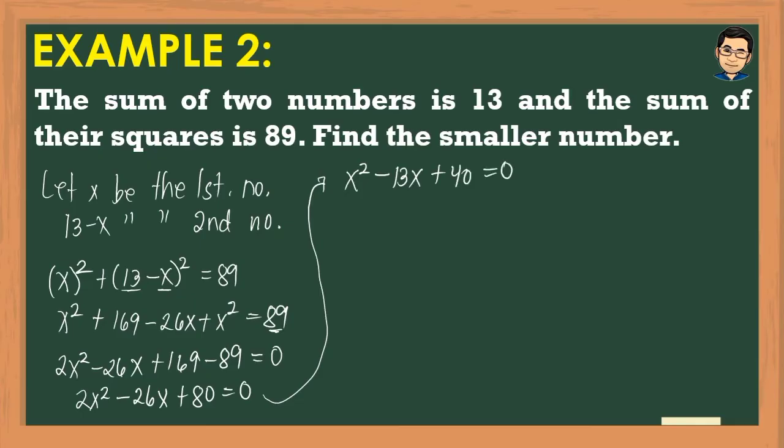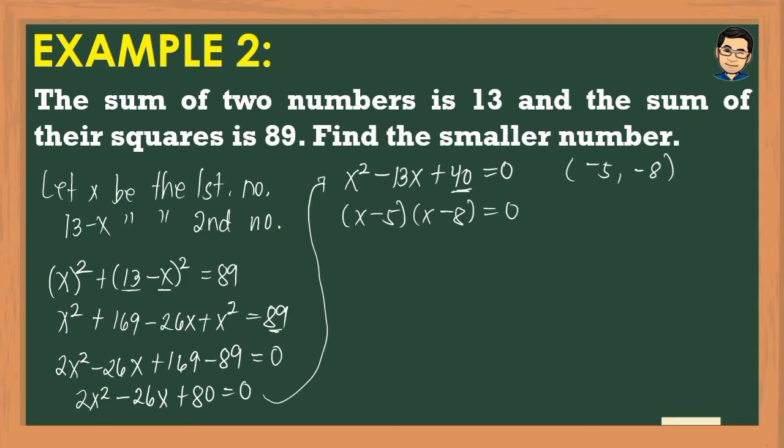Now, using factoring, so what are the factors of 40 that when added will give a sum of negative 13? Okay, so yung mga factors po niya, negative 5, tsaka negative 8. Okay, so sulat natin as x minus 5, and then x minus 8 is equal to 0.